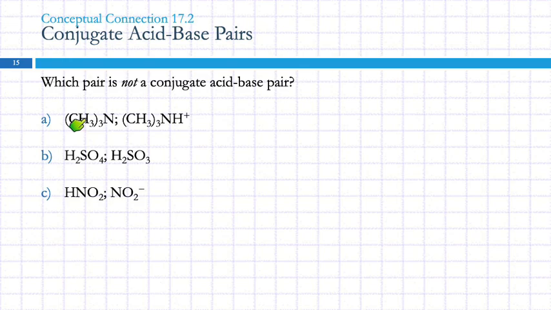They both have the CH3,3N, and this one has that H+. So this is the acid, and that's the base. How about these guys, H2SO4 and H2SO3? No. This is a different number of oxygens. These are not a conjugate acid-base pair. How about HNO2 and NO2-? Yeah. Okay?